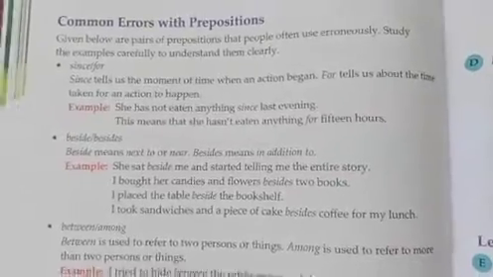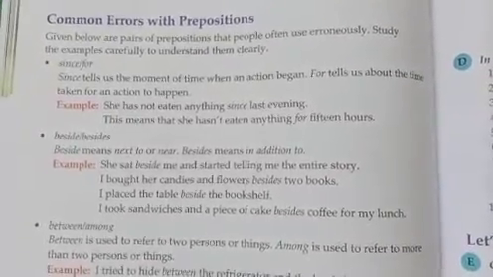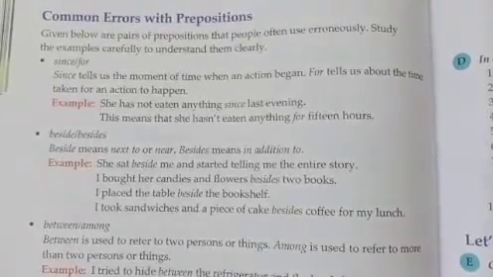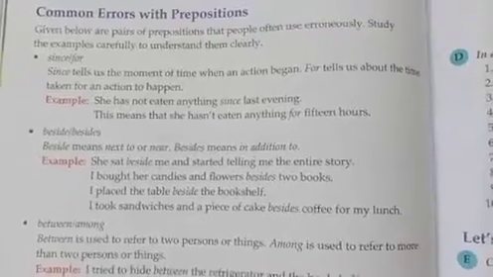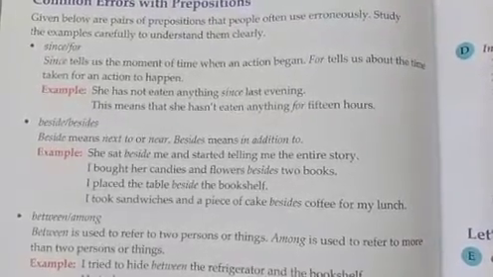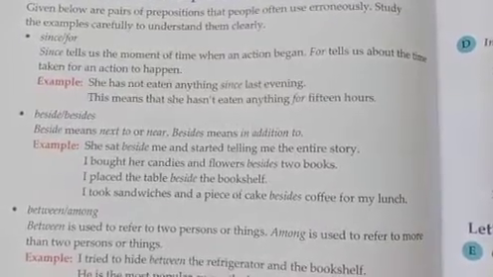I bought her candles and flowers besides 2 books. In addition, she's already bought candles. She's bought flowers also. In addition to all those things, she's got 2 more books. So it is used in 2 ways. Beside is used for next or nearby.